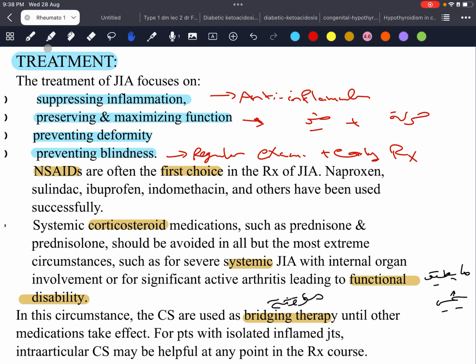The treatment of juvenile idiopathic arthritis is the suppression of the inflammation and improving the function of the joint, to prevent deformity and blindness.